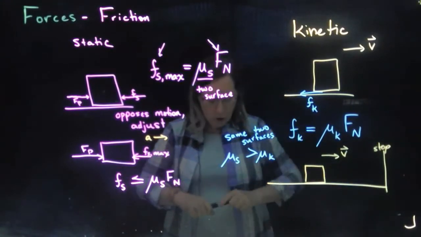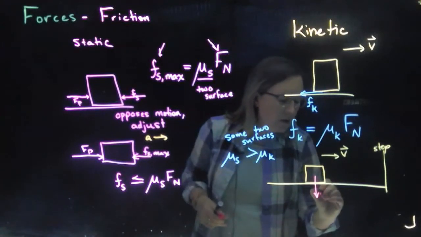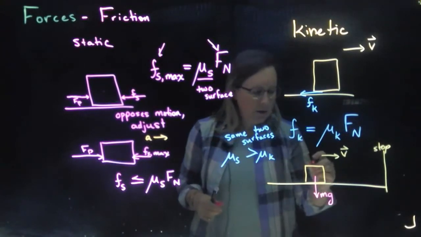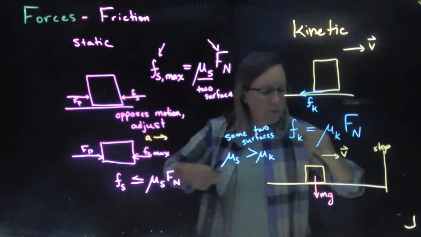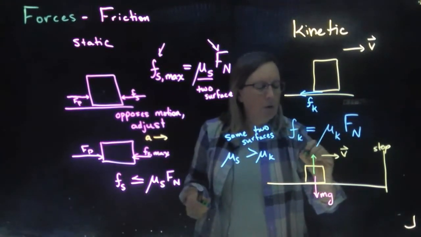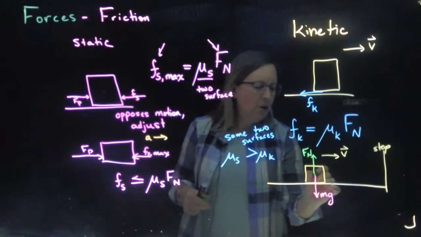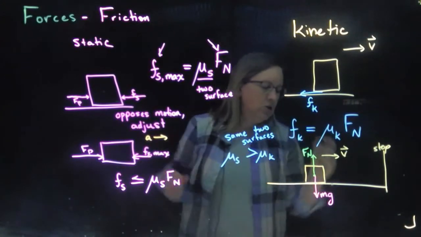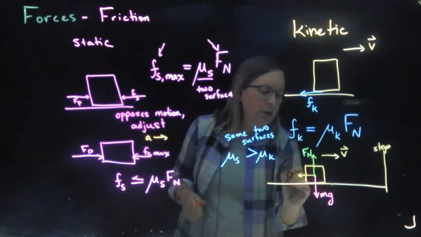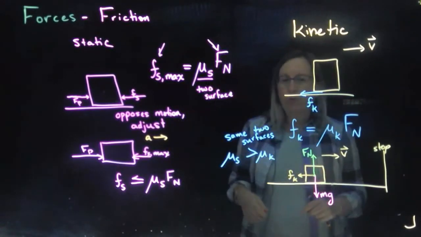Then if we draw a force diagram, we've got mg, and because it's not accelerating up or down, we have the normal force. That's our force diagram. The only other force we have in this case is this friction force. And this friction force is what provides the acceleration.